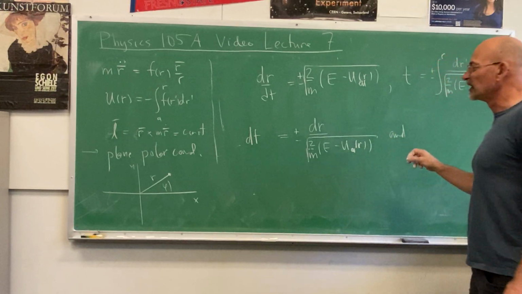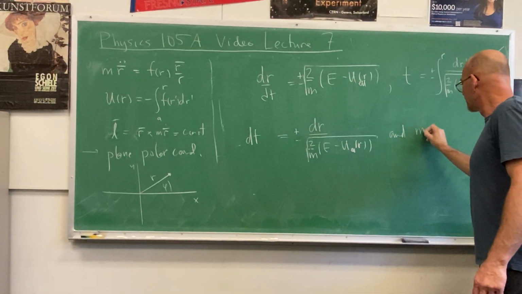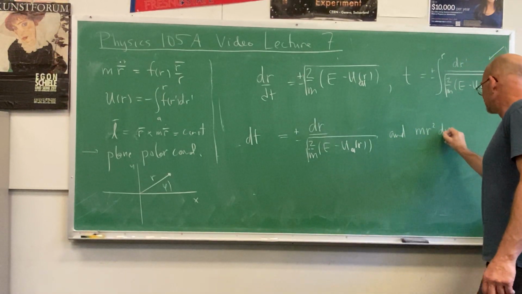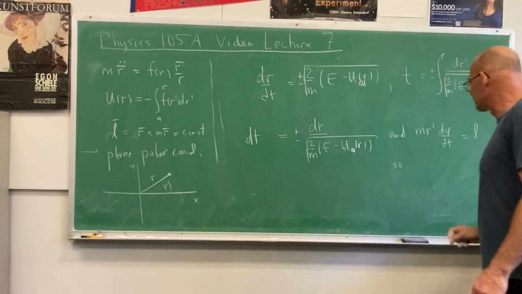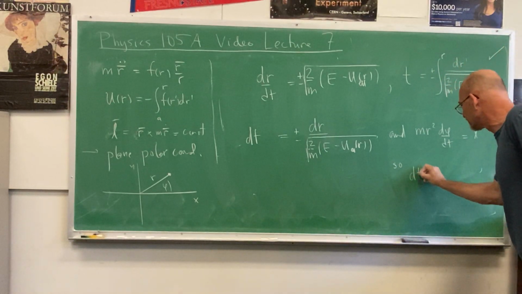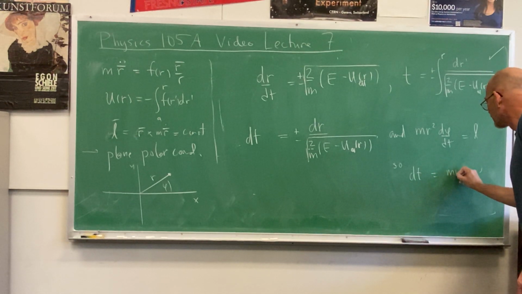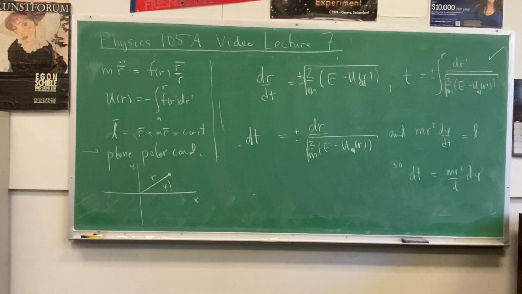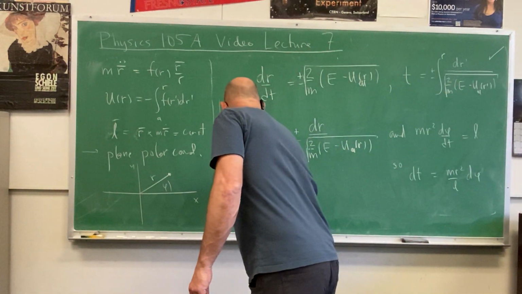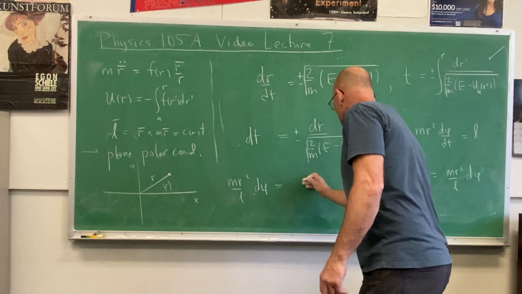And we're going to use this one here, namely m r squared d phi/dt is equal to L. So for a quick and dirty substitution, dt is equal to m r squared over L d phi. I'll make that substitution: m r squared over L d phi is equal to this whole thing.